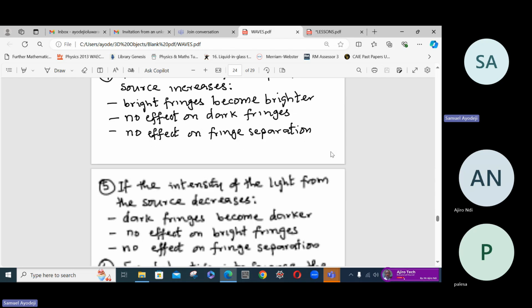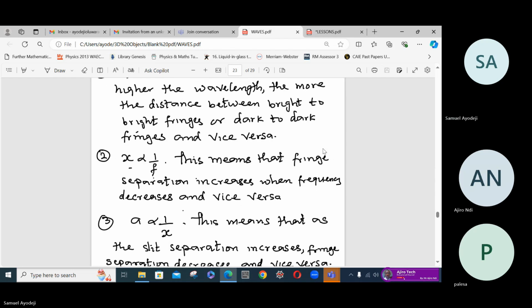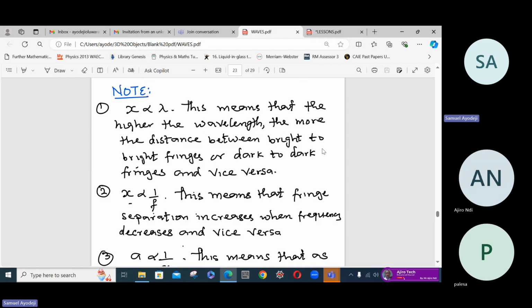In fact, all these points are very important to note. They answer many theory questions that are not calculations. Number one, X varies as lambda. This means that the higher the wavelength, the greater the distance from bright to bright or dark to dark. In another language, fringe separation increases.